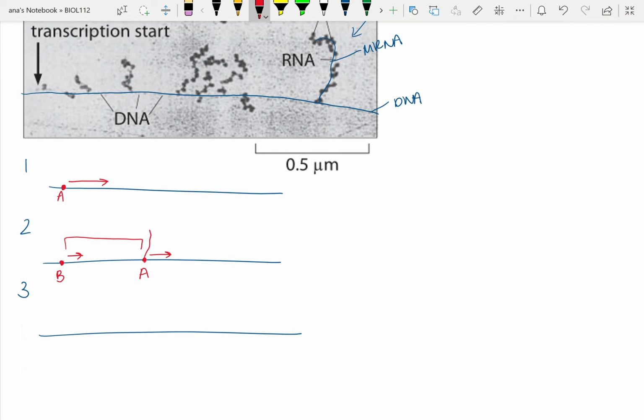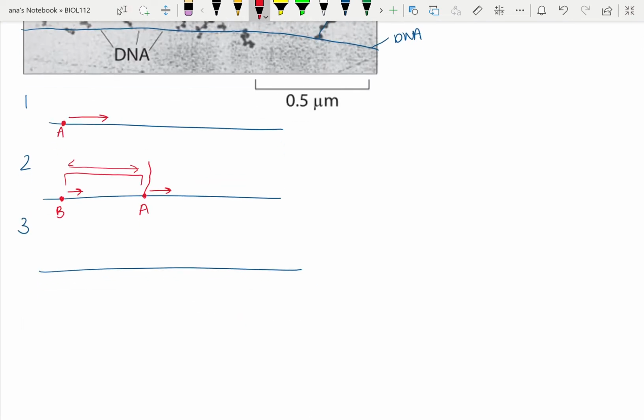So out of the polymerase, there'll be a little strand of mRNA that we've made that corresponds to this length of DNA. But B started at the same start point as A, right? Because in prokaryotes, polymerase has to bind to sigma factor, and then it'll start moving towards reading the gene.